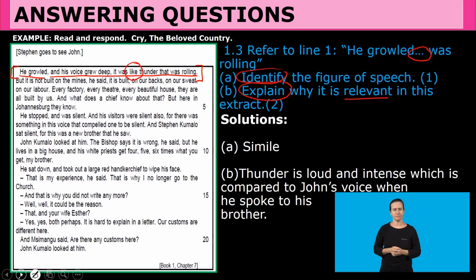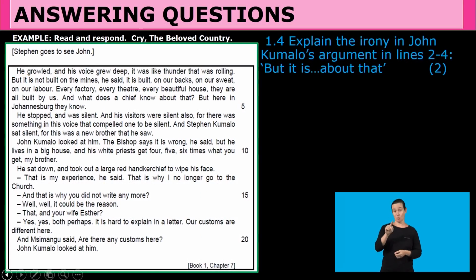We're moving on to question number 1.4. Explain the irony. Now remember, we said figures of speech, and there's a figure of speech coming through for you, all right? Khumalo's argument in lines 2 to 4. Now remember, we must locate it in the text. So let's go. 1, 2, 3, there we are, all right?